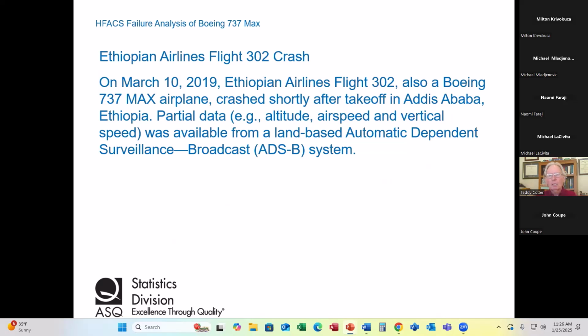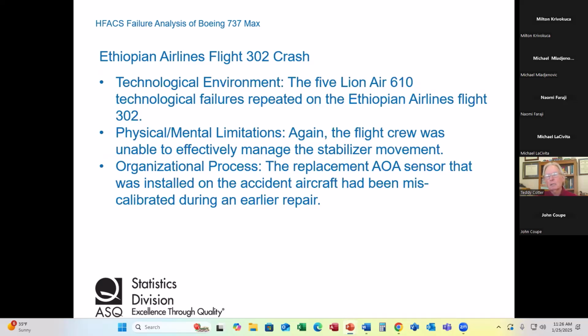Partial data, the altitude, airspeed, and vertical speed, was available from a land-based automatic dependent surveillance broadcast system. Again, reading the FAA report and doing the HFACS failure assignments, another technological environment: the five Lion Air 610 technological failures from before repeated on the Ethiopian Airlines flight.